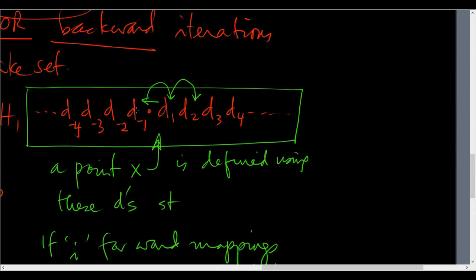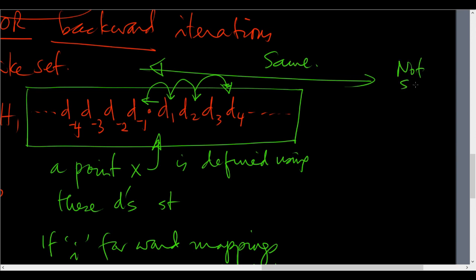Okay, and then something very, very interesting can happen now. First of all, if a very large number of digits are the same, and then not the same, then you have exponential separation of nearby trajectories, right?